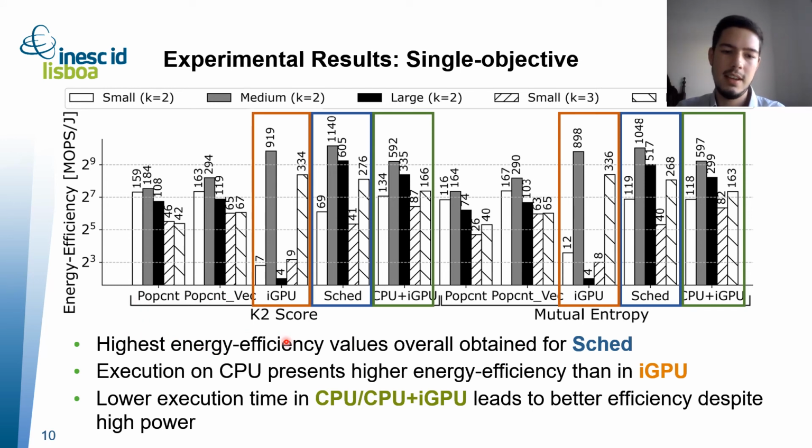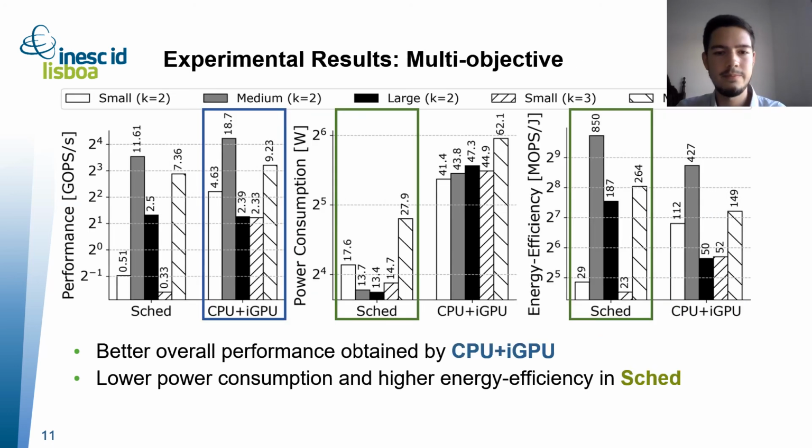Although it has a higher power consumption, it also has higher performance. And when executing in the CPU or the CPU plus iGPU scenario, we have better efficiency than the iGPU only version, and this is due also to this higher performance despite the high power consumption.